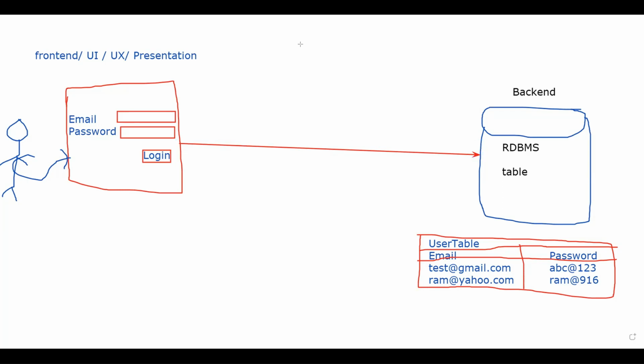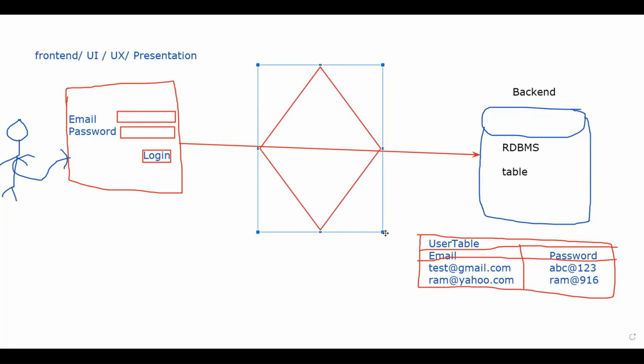Now in this scenario, we are going to bypass this, or add one extra layer in between. That is nothing but a web API. How will it work? Let's see now. This way it is going to work.